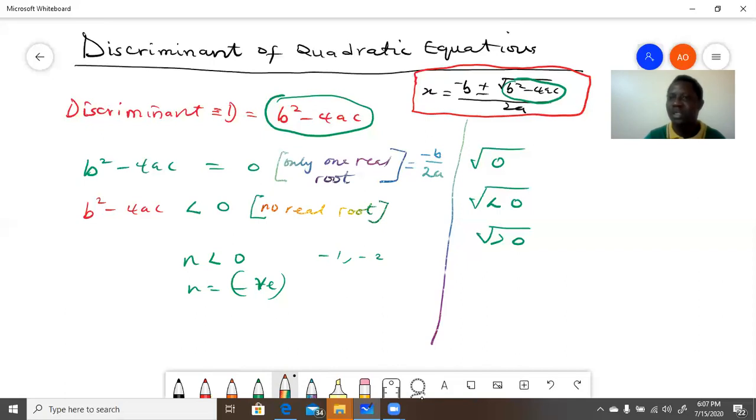It's going to be an imaginary number, because the square root of a negative number is an imaginary number. It's not a real number. We call it a complex number. Is that clear?